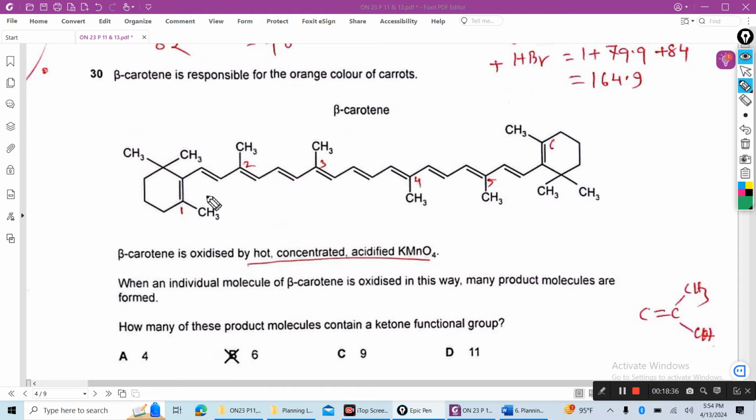So there are 6 methyl groups attached to a carbon double bond, so you will get 6 ketone functional groups. But why will the others not be formed? Because this is methyl and hydrogen, this will be a carboxylic acid. So you will get 6 ketone compounds if beta-carotene reacts with hot concentrated acidified potassium permanganate.